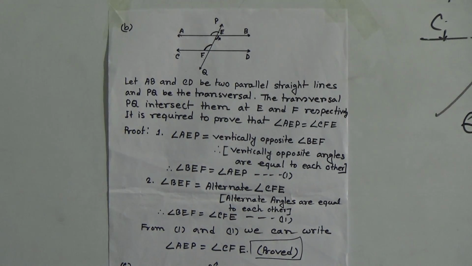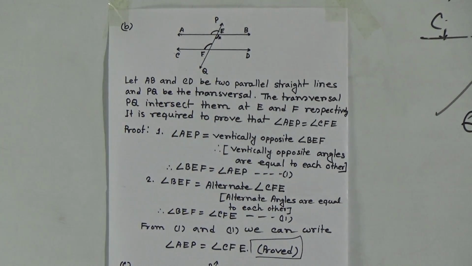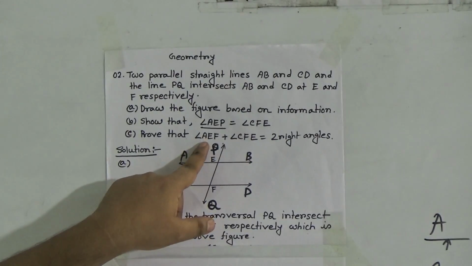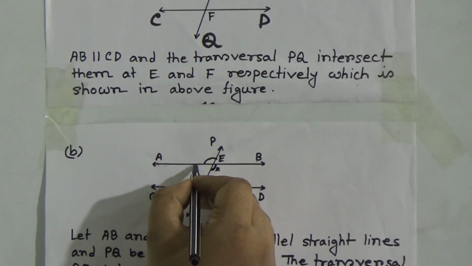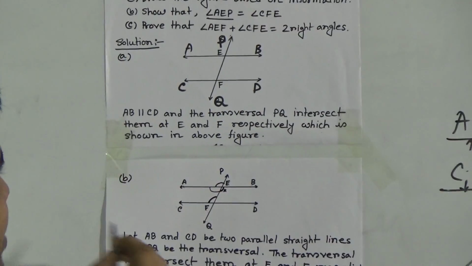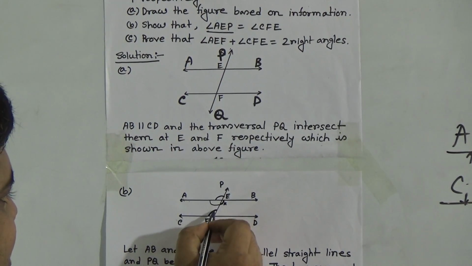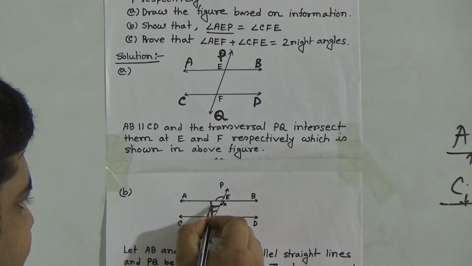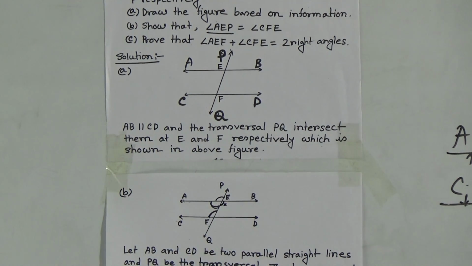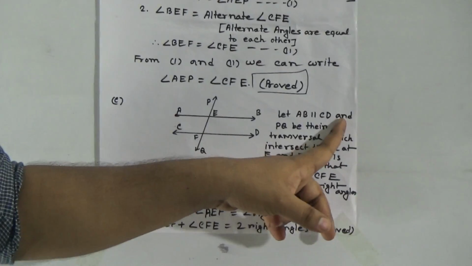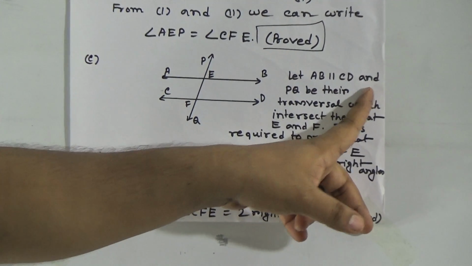Okay. Question number C. My dear students, angle AEF, that means this angle, and angle CFE, that means this angle. If I add these two angles, then it will be two right angles. Notice, let AB and CD be parallel.